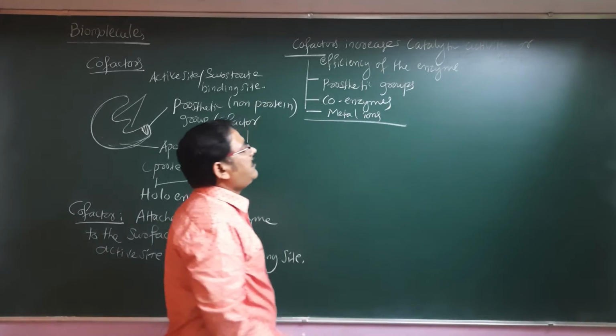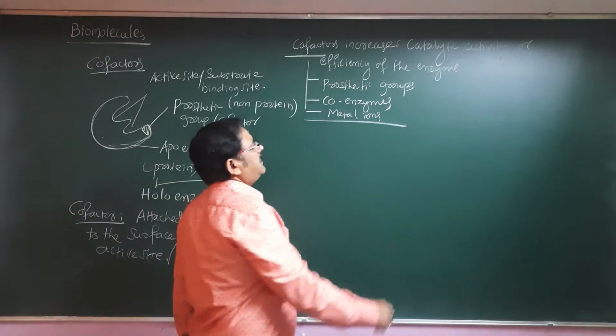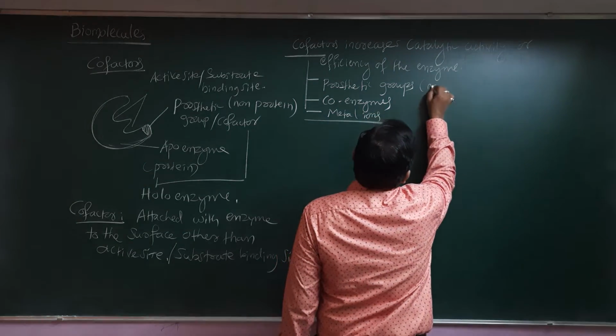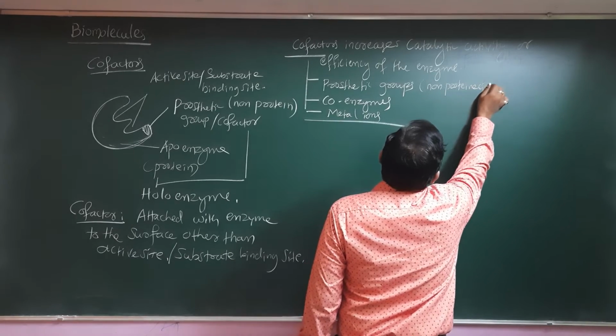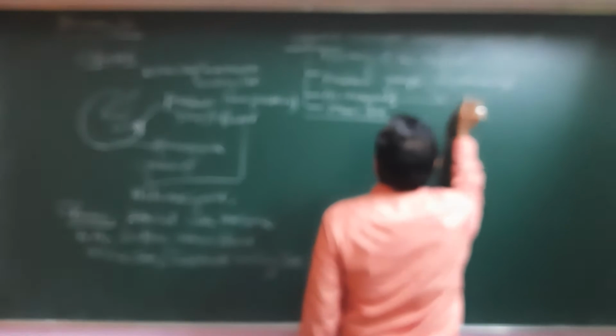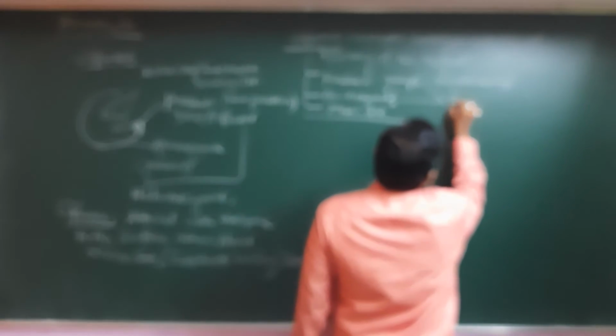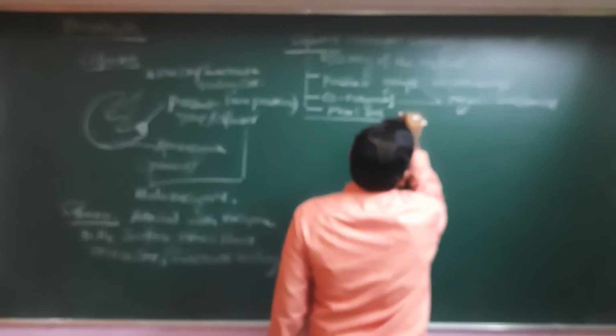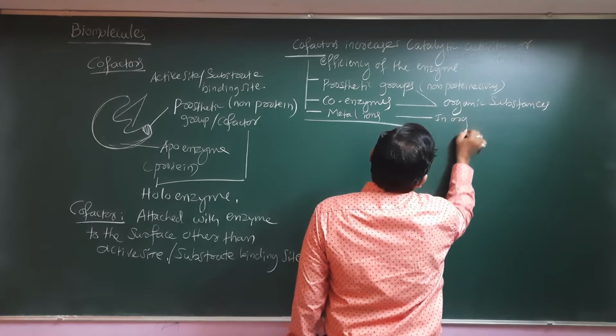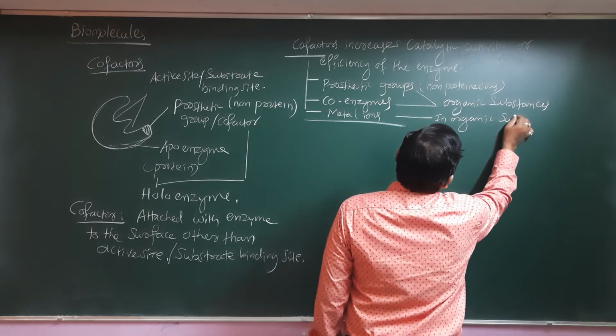The prosthetic group is non-proteinaceous, and the coenzyme can also be non-proteinaceous. Prosthetic groups and coenzymes can be organic substances, whereas metal ions are definitely inorganic substances.